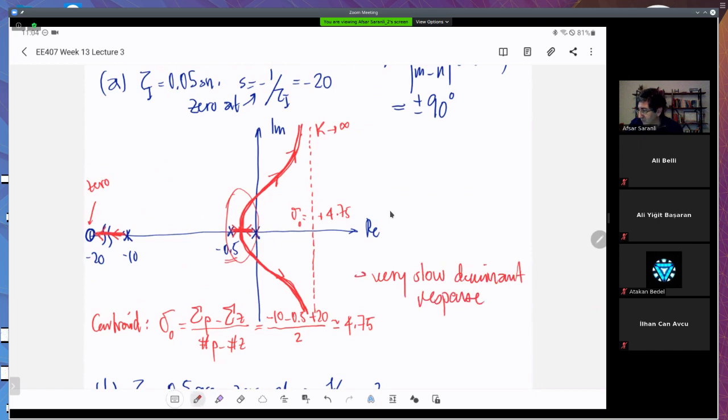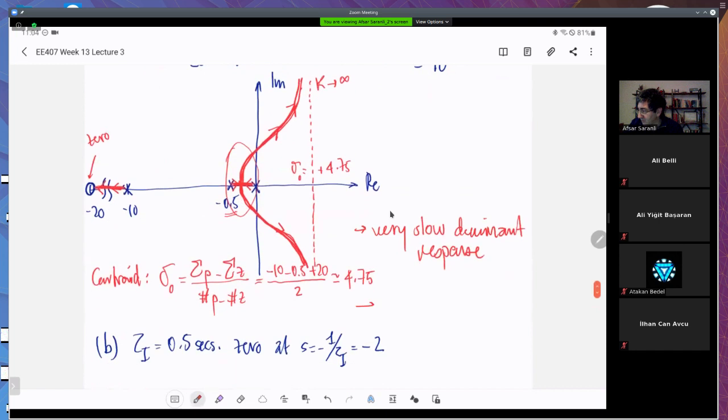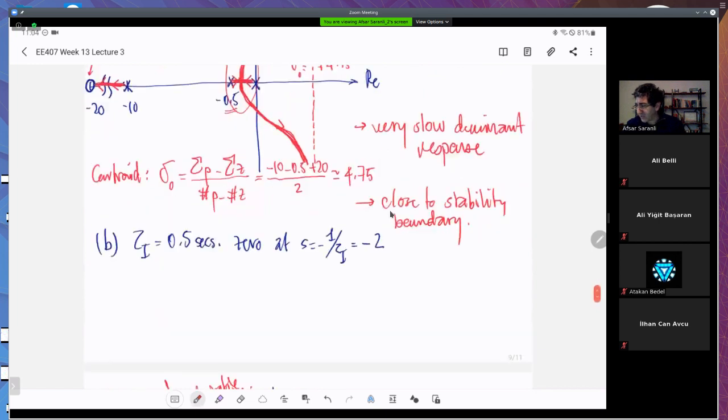Also close to stability boundary. Obviously, you can also cross the stability boundary if you increase the gain too much. So that's not very promising.